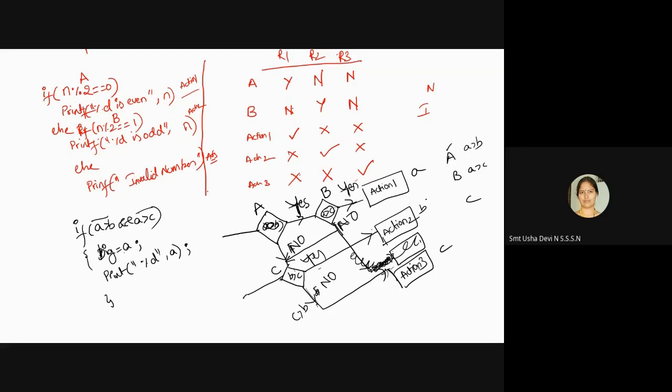If A happens, B must not happen, because if n mod 2 is equal to 0, it cannot be equal to 1. Nowhere it is possible.